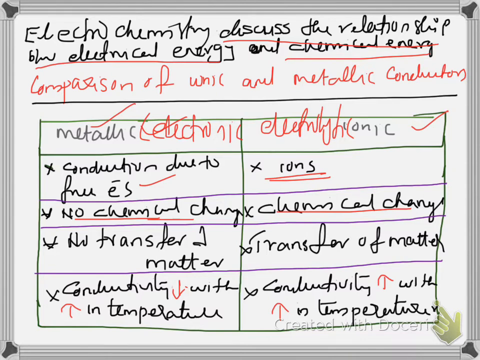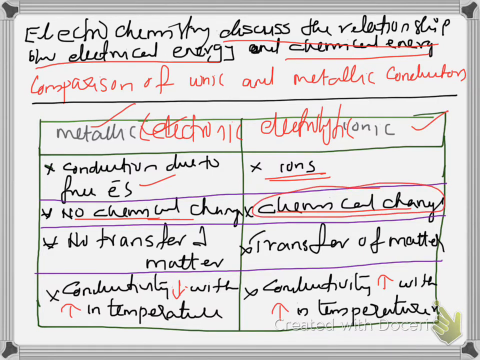Here Na+ ions in solution get reduced to sodium at the cathode, and Cl- ions in solution get oxidized and then liberated at the anode. There is reduction for sodium and oxidation for chlorine. So a chemical reaction takes place in the electrolytic solution.